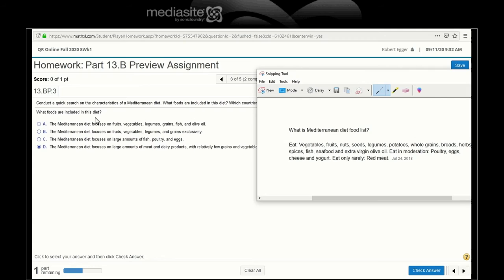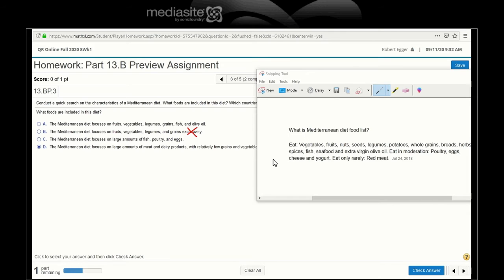So which of these here match it? Fruits, vegetables, legumes, grain, fish, and olive oils. Same fruits, vegetables exclusively. Here's a clue. Whenever it says exclusively or only or none of the above, all of the above, usually not the right one. Focuses on large amounts of fish, poultry, and eggs.